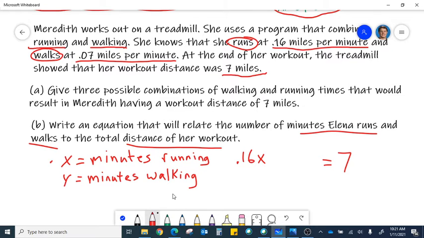And if we add to it the number of minutes that she is walking, well, her walking pace is 0.07, and the number of minutes that she's walking is represented by the variable y.